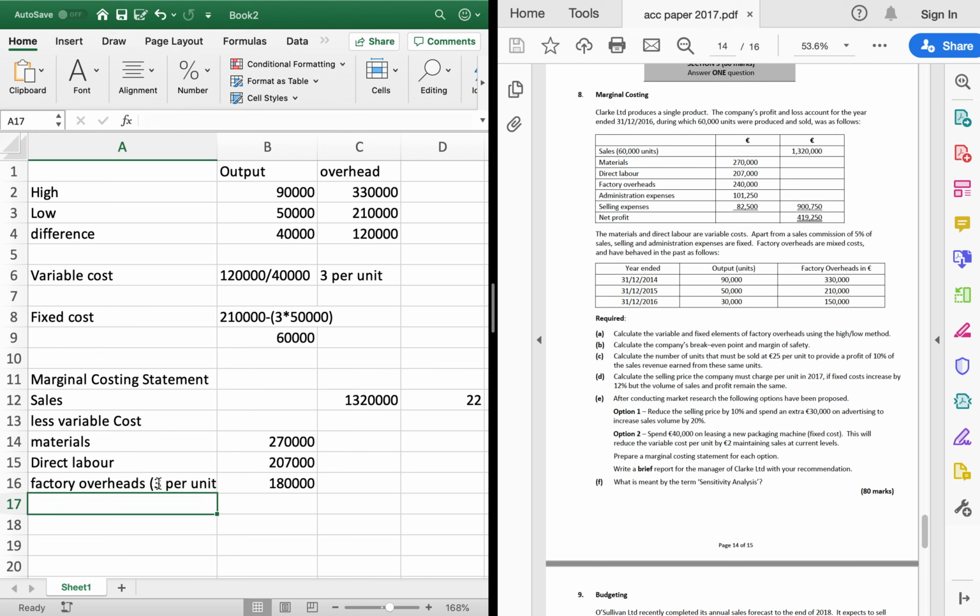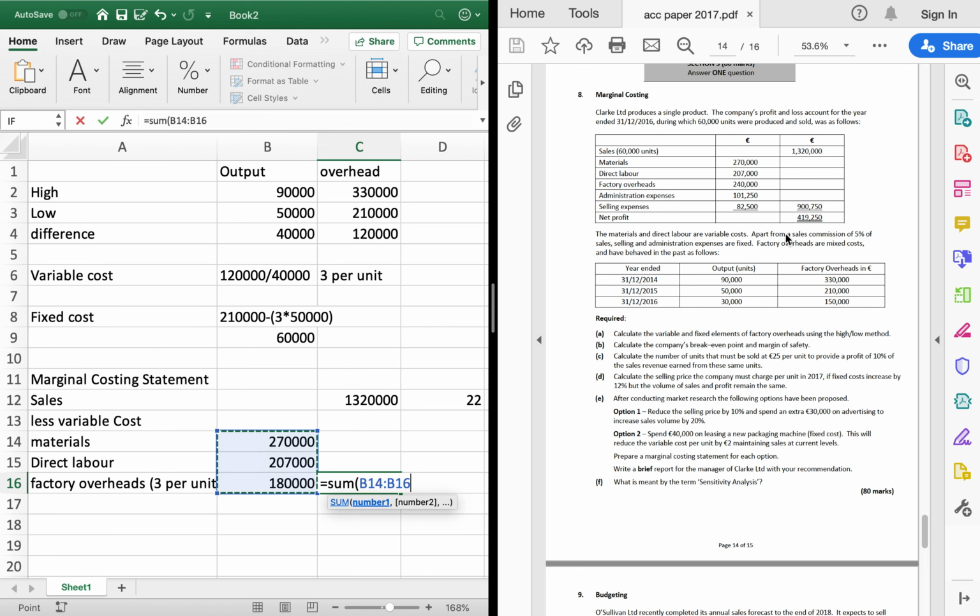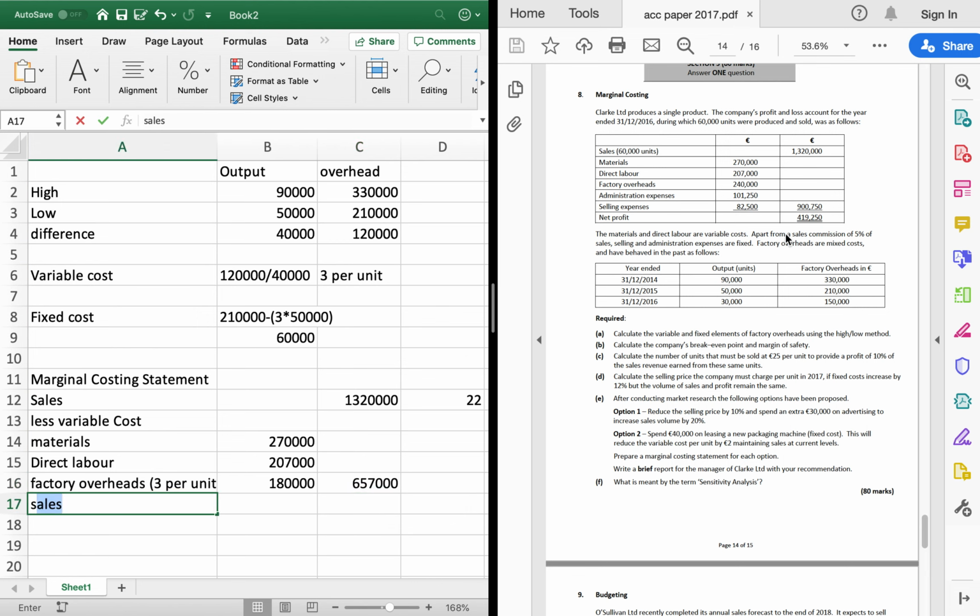Okay, that's the variable cost. Then does it tell us any more? This is apart from sales commission of 5% of sales. Now I'm going to put that as separate. Now it is a variable cost, right? But what I want to do is total them. And you'll see why hopefully later on. Then I'm going to put in my sales commission.